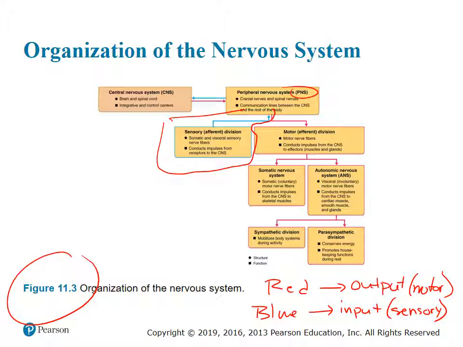That's why there's a lot of red, because the motor side gets divided into somatic, the skeletal muscle, voluntary, or the autonomic, the automatic stuff, smooth muscle, cardiac muscle, and glands. And then, what is that response going to do? It depends on the division. If it's sending it for the sympathetic or the parasympathetic, we're going to see two opposites there, in fact.